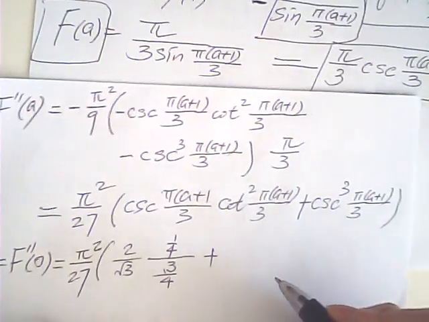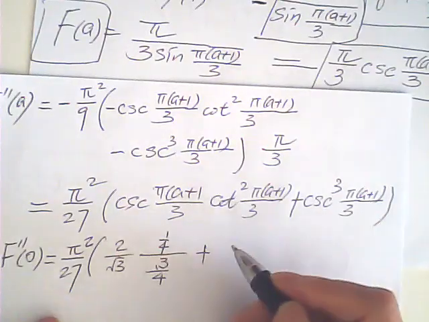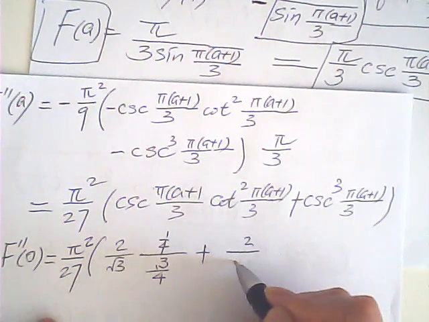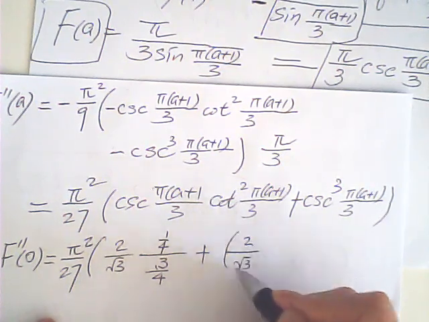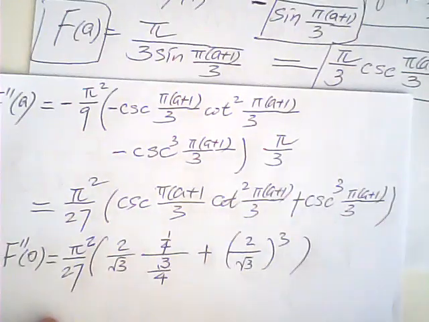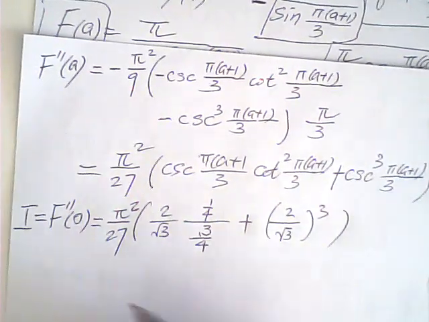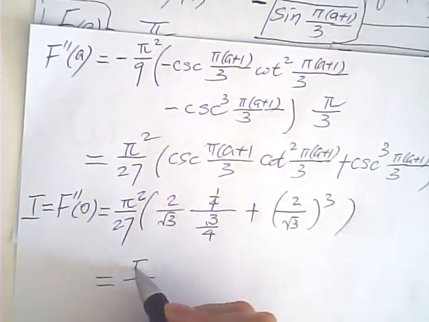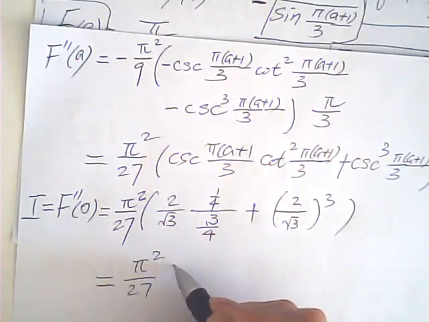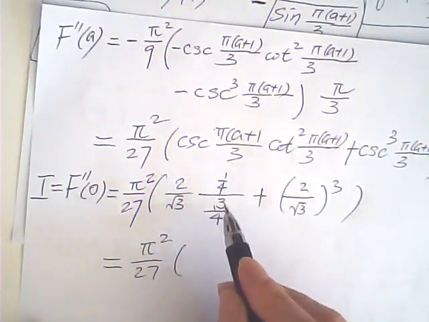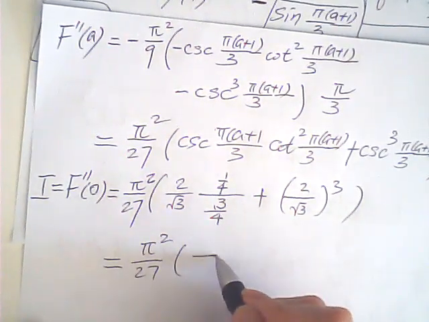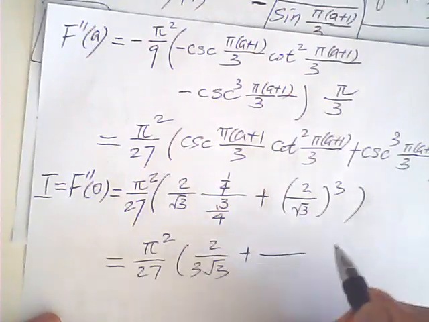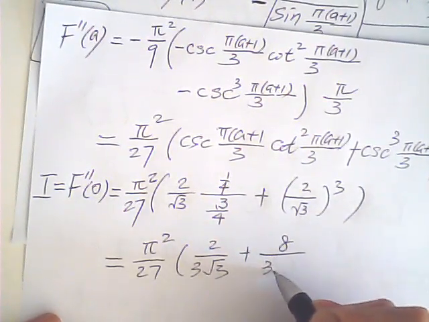Plus cosecant cubed, which is the reciprocal of sine cubed, gives 8 over 3 root 3.